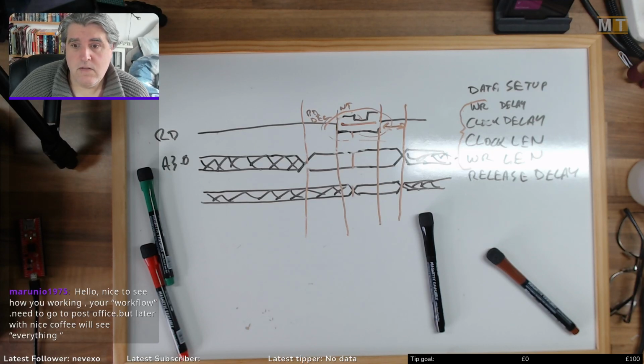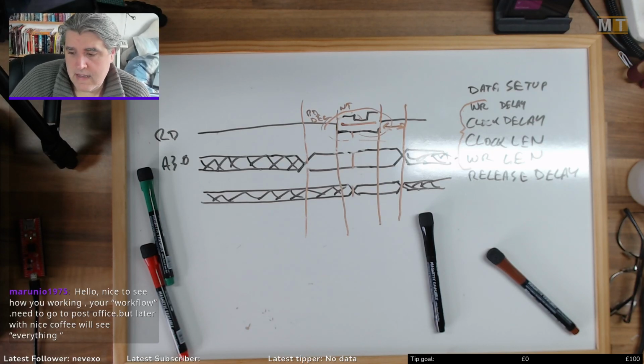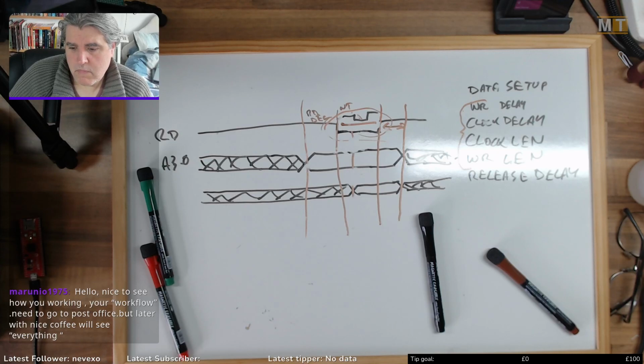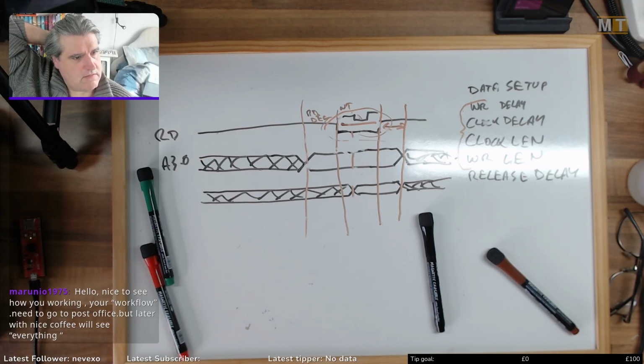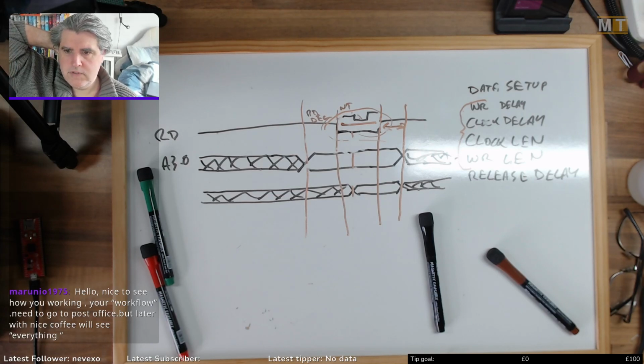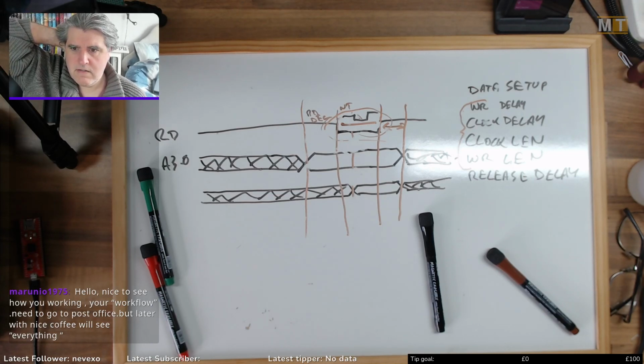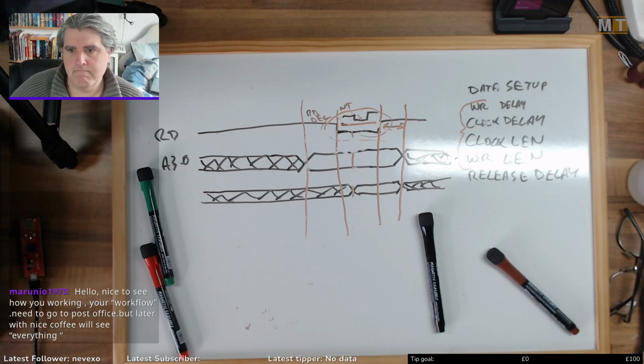Now, these are 0 to 255, so what would good units be for this? Microseconds? Up to 255 microseconds? What would be the slowest we could have then?